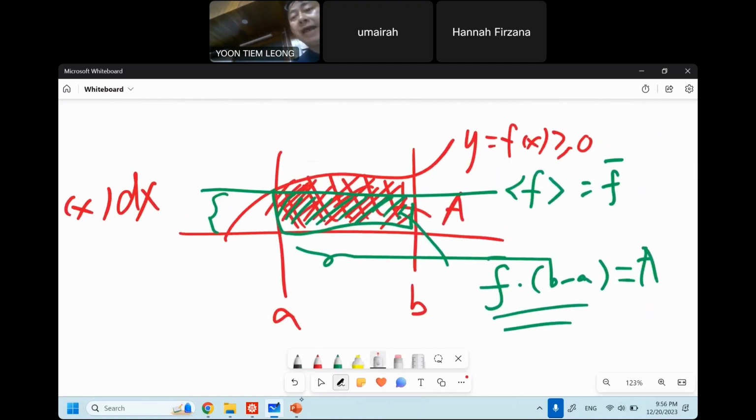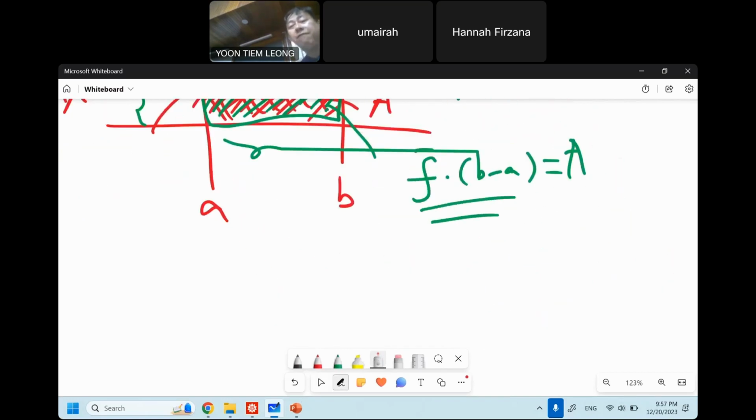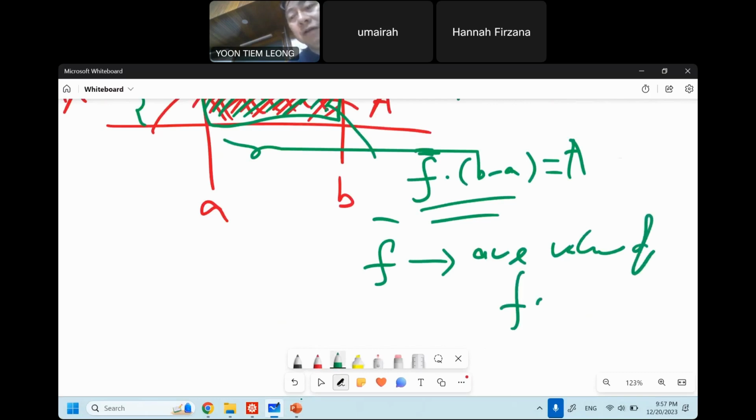And you can imagine that this f bar defines a constant on a box where the area of the box is equal to the area A. If you can find such a number f bar, then f bar is the average value of the function, the integral of f between a and b.